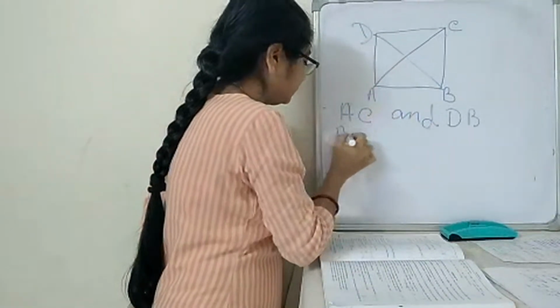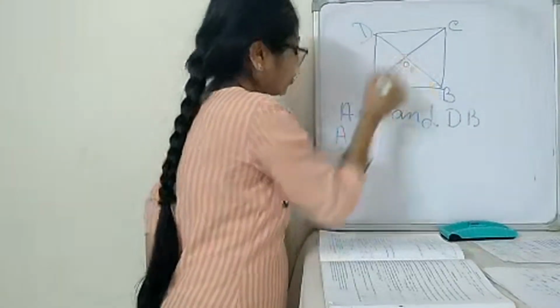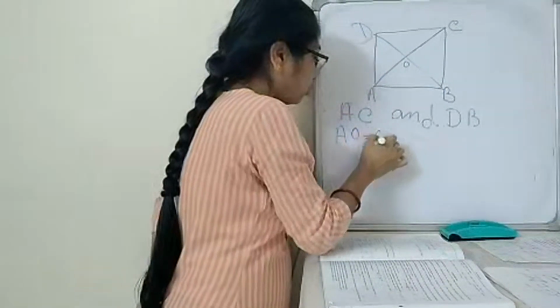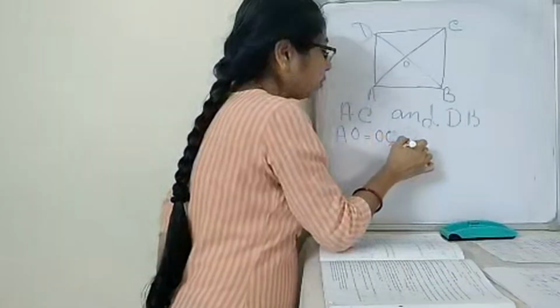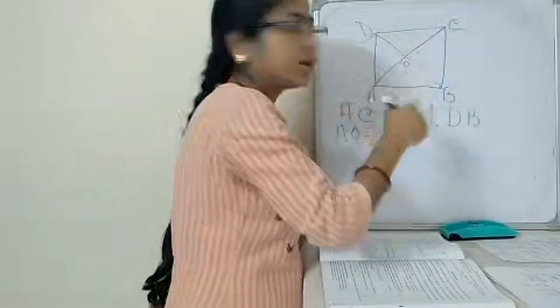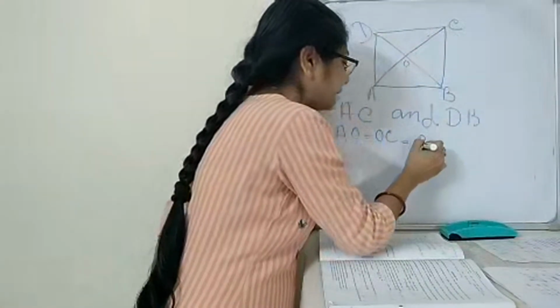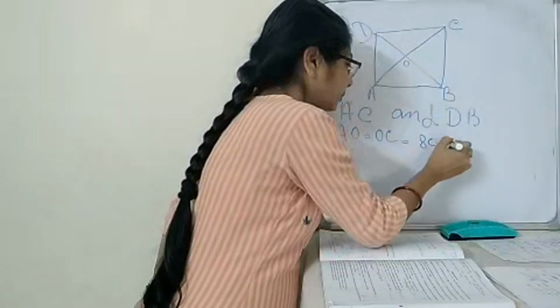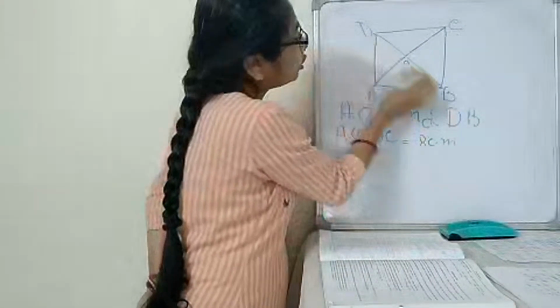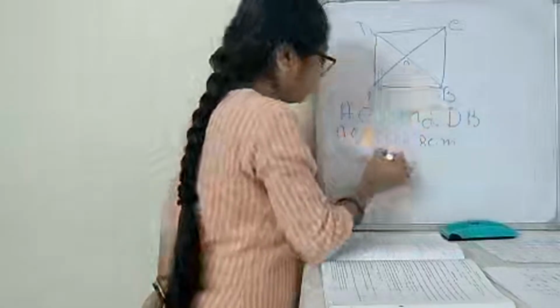AC, it is O. AO equal to OC, the total length is 16, so it is 8 centimeter. And DO equal to OB, the total is 12, so it is 12 by 2 means 6 centimeter.